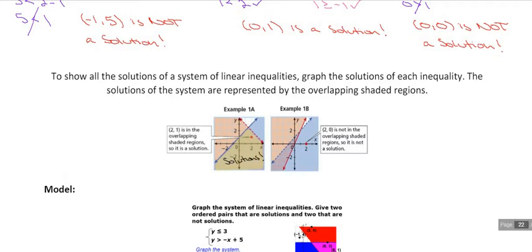Okay, and the blue boundary line, those ordered pairs would satisfy it. However, the dashed red boundary line, those ordered pairs would not satisfy the system. In example 1b, you'll see we've got the solid red line shaded above, the dashed blue line shaded below, and where we have both blue and red is this little sliver here. I don't know if I can make my highlighter small enough.